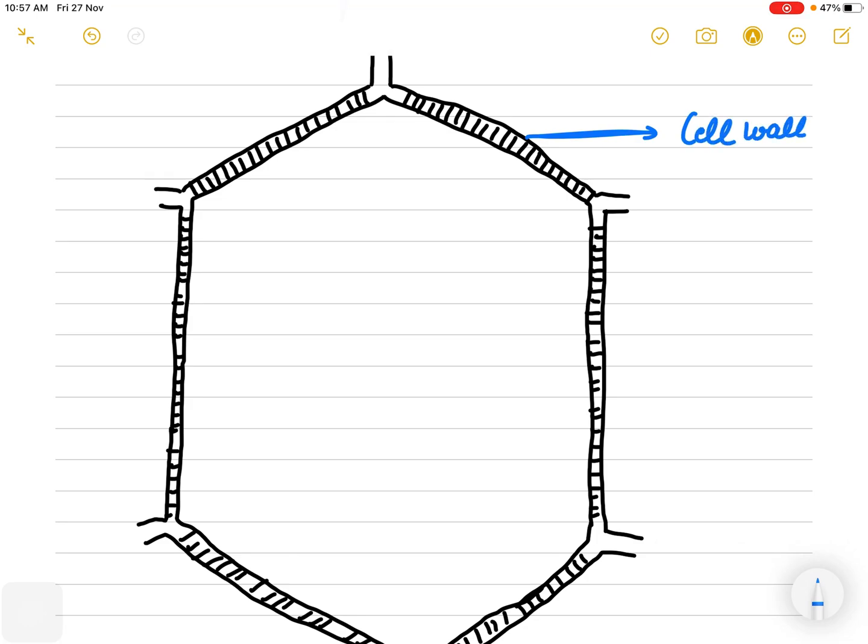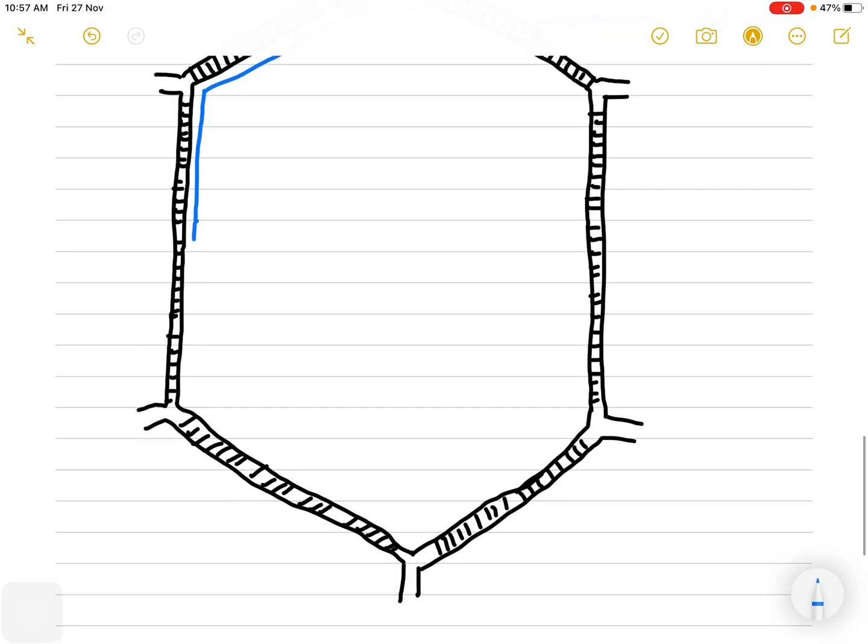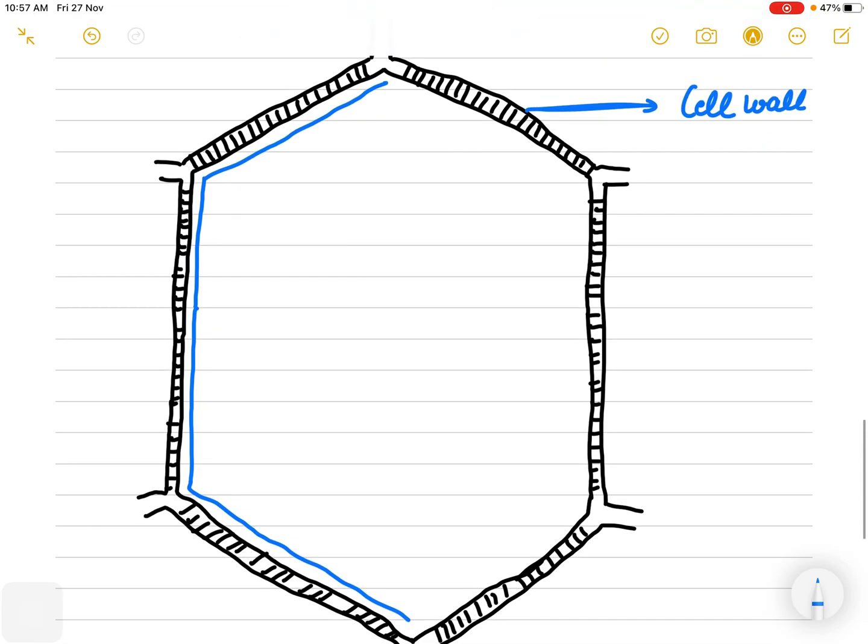Now we are moving ahead. After the cell wall, what will you observe? After the cell wall, what will you find? That is your plasma membrane. So let's draw the plasma membrane. Once you start moving to the inner side, you will find this plasma membrane, right?